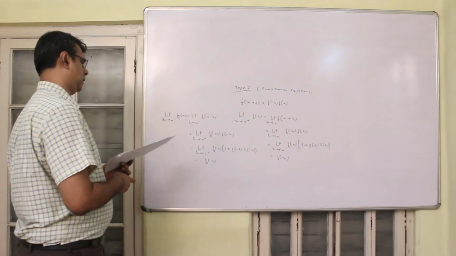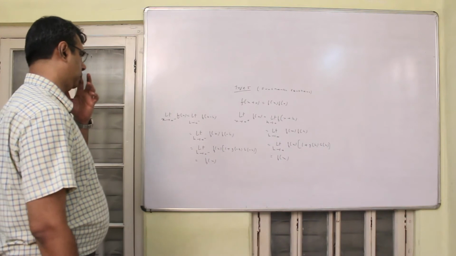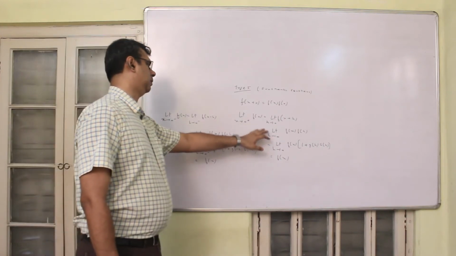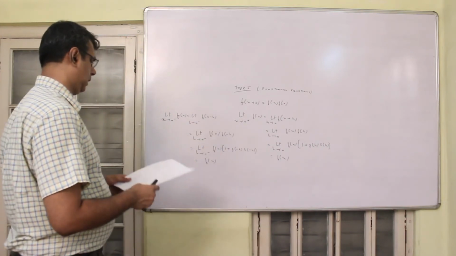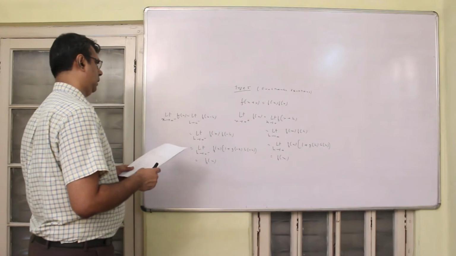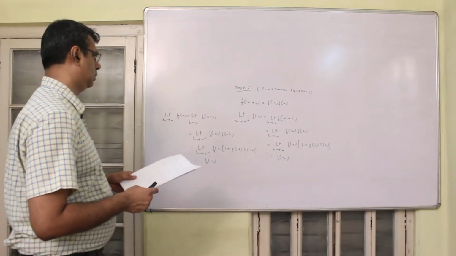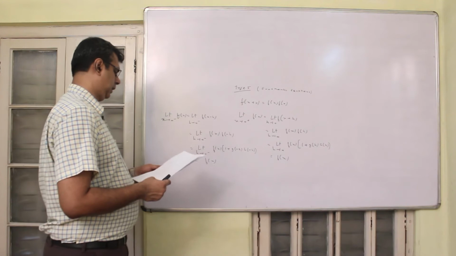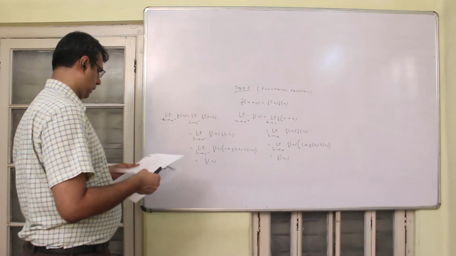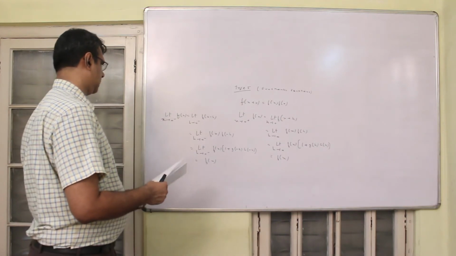And therefore this is equal to f(x). So you can see that the right hand limit and the left hand limit both are equal, and therefore it's very clear that the function is continuous everywhere.